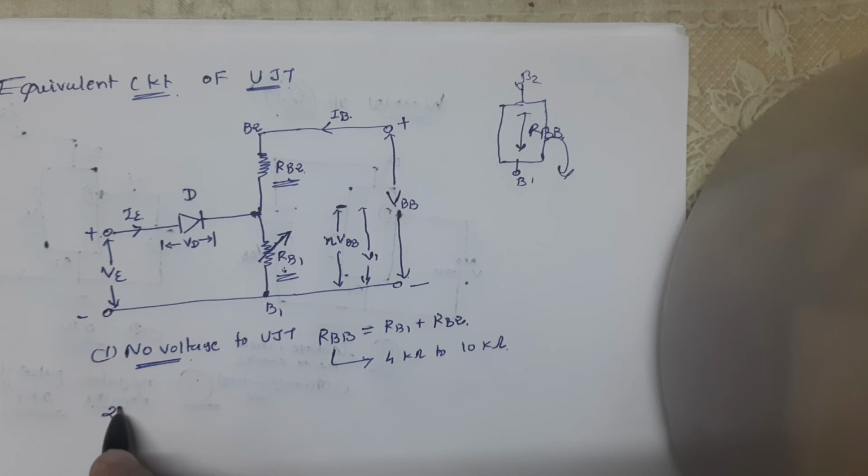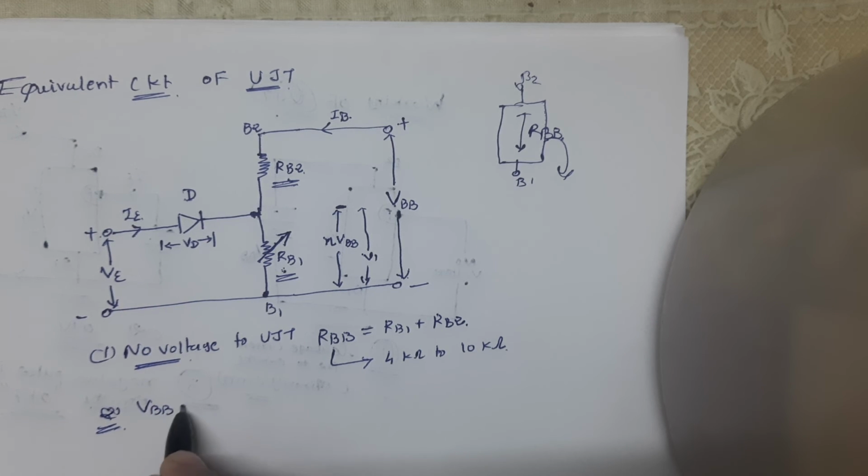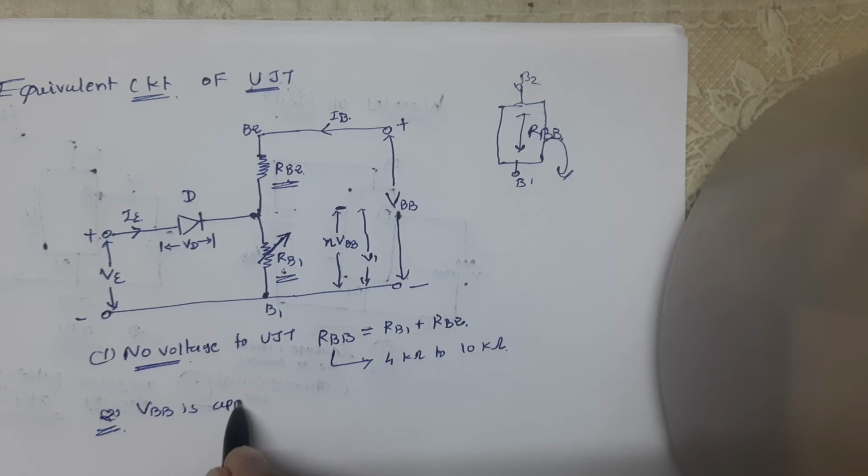The second point is if a voltage VBB is applied. When VBB is applied between the bases with the emitter open, the voltage will divide across RB1 and RB2.